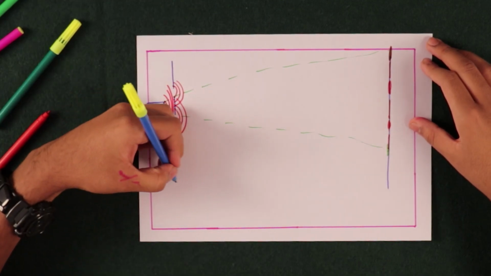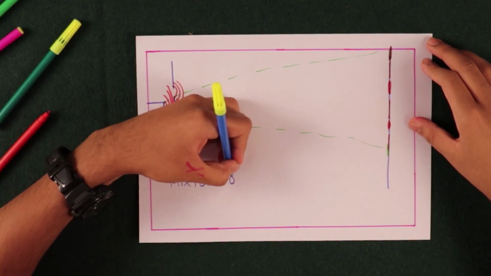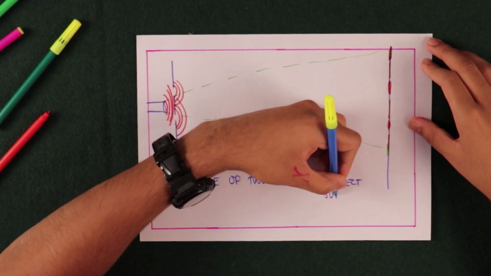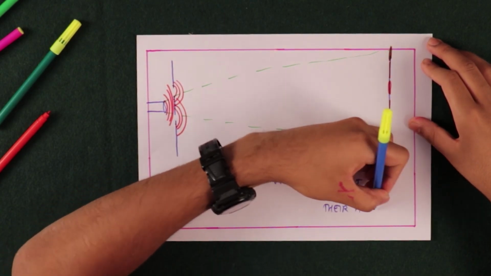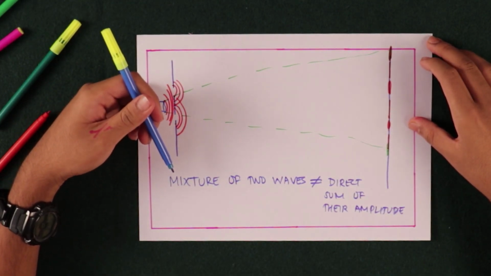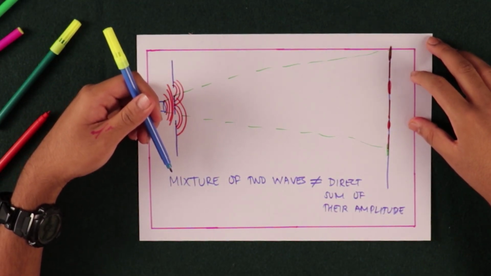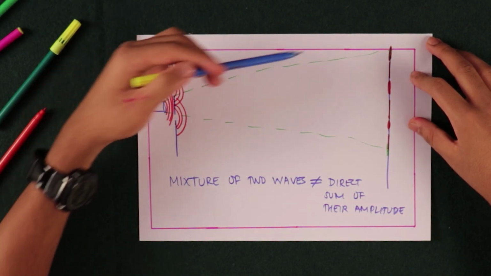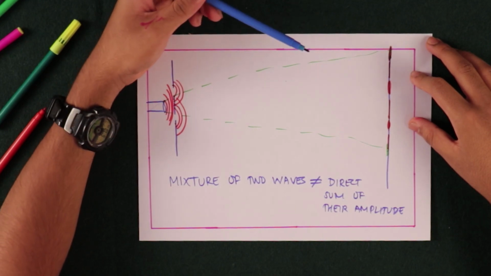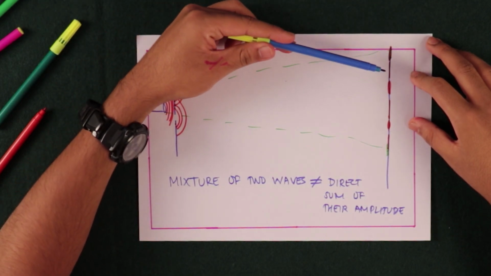And as we just saw, a mixture of two waves is not always equal to the direct sum of their amplitudes. Since the sum of two waves depends on the orientation between the two waves, we should have a different kind of mixture at each of these points. So how do we figure out what kind of mixture we will have?